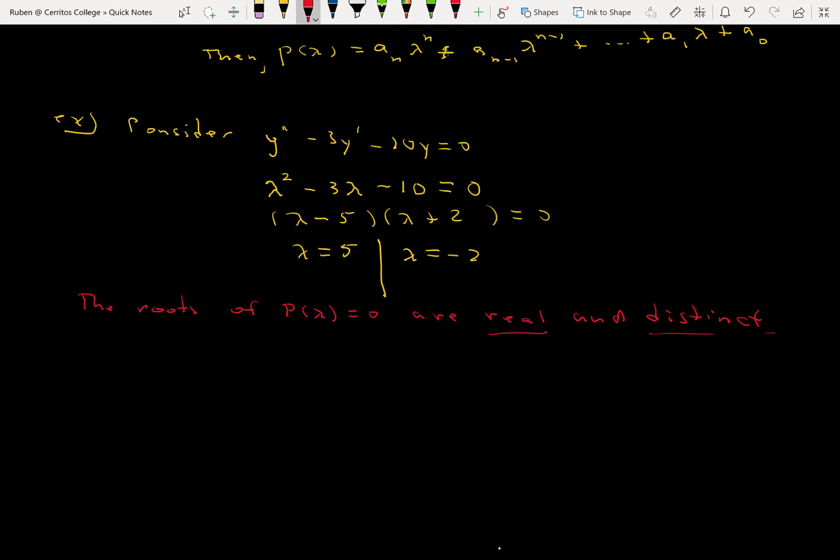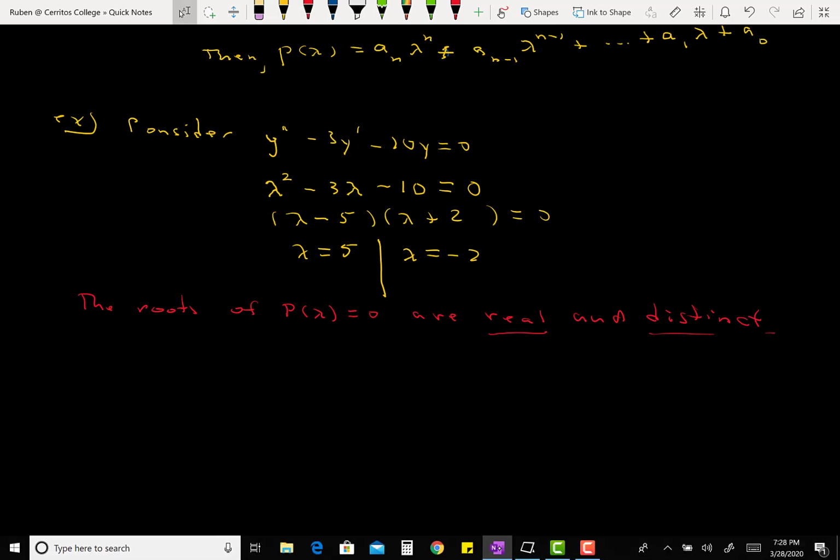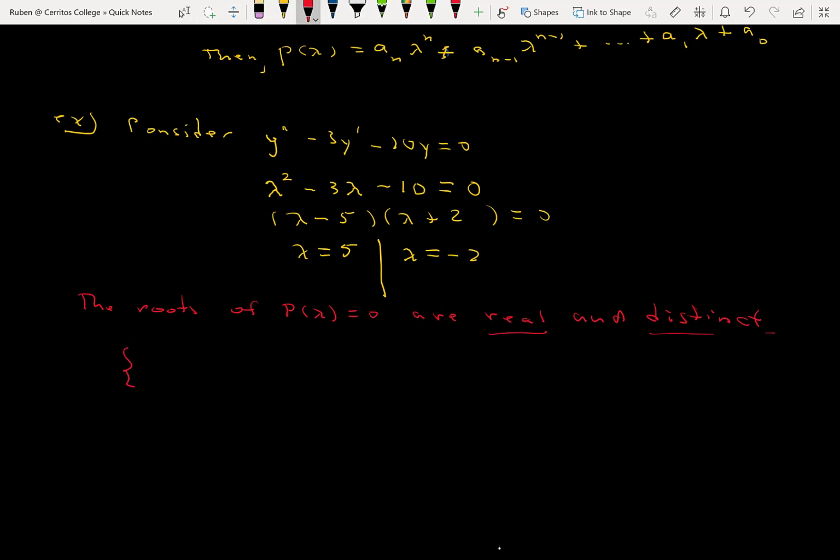Okay, so what we'd like to do is complete the solution to this differential equation, and then make a general statement about the solution to differential equations that have real and distinct roots to their auxiliary equation. Okay. So the fundamental set for our solution is e to the 5x and e to the minus 2x.